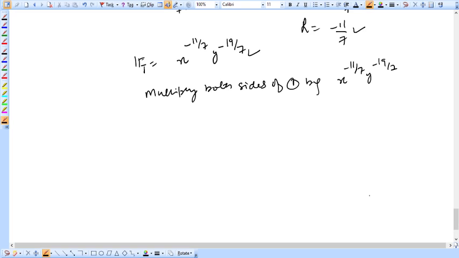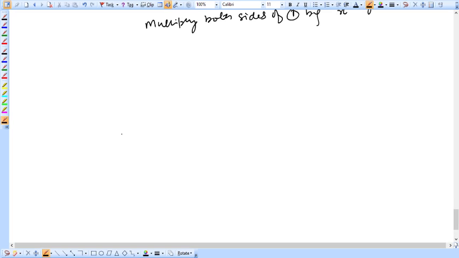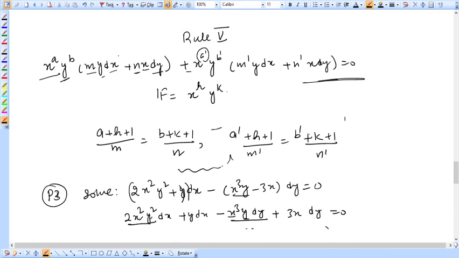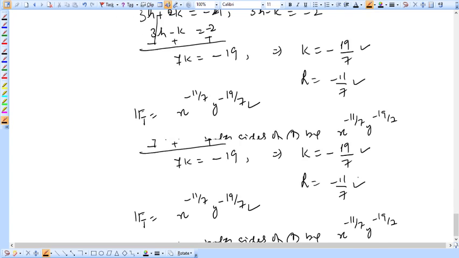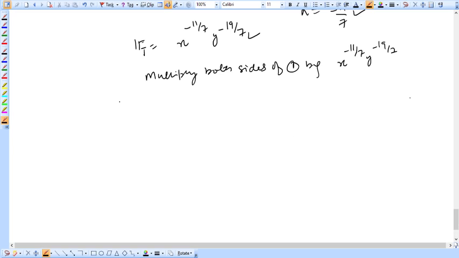Okay, so after multiplication you get, what was our equation number 1? We are going to multiply this equation, I'm calling this A, by this.